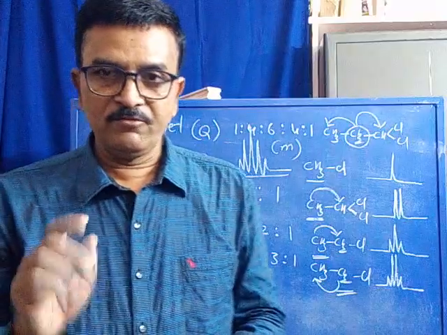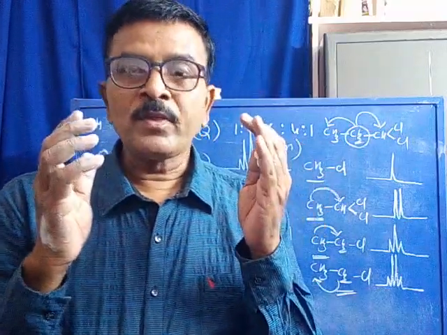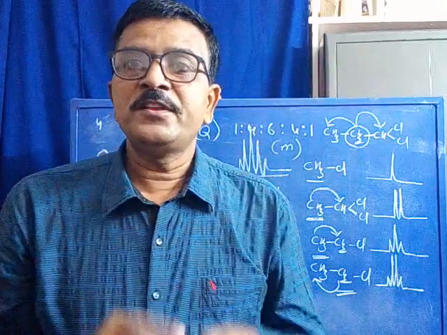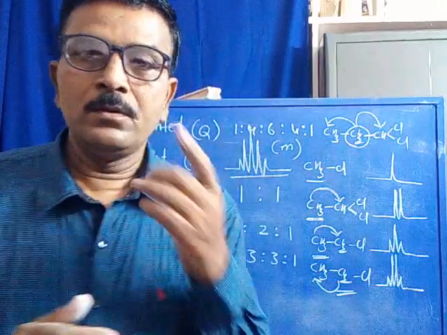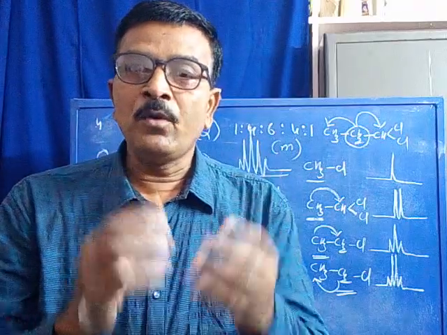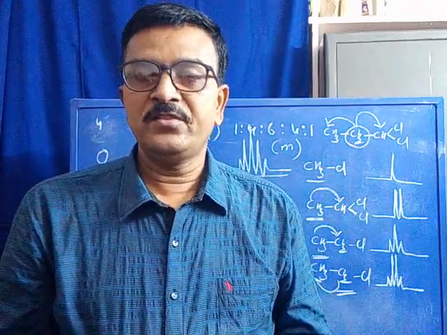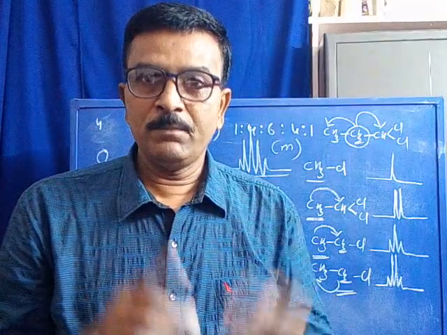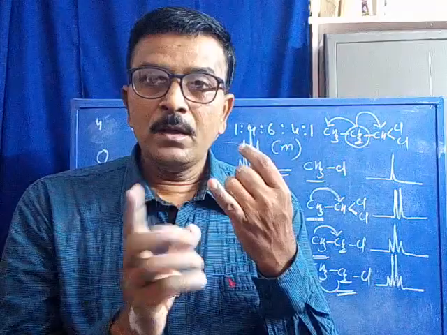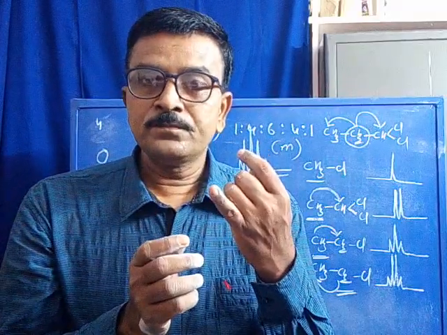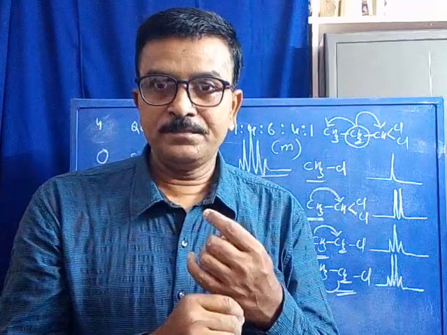Further, there is a condition. Spin coupling is possible only between protons which have different frequencies. Are you following? Number 1: spin coupling is possible between protons when their absorption frequencies are different.